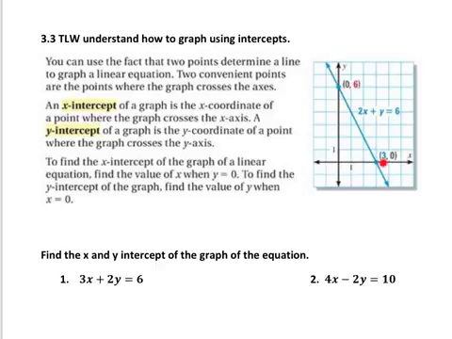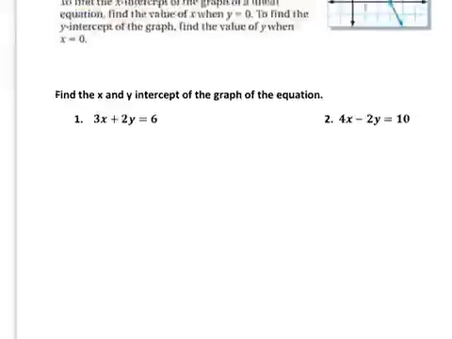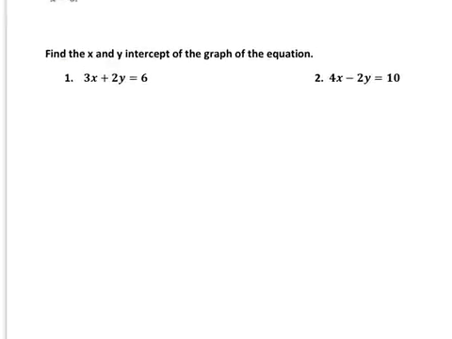Okay? See how you have 3, 0, 0, 6. So see how the x value is 0 to get the y-intercept, the y value is 0 to get the x-intercept. So here it says, find the x and the y-intercept of the graph of the equation. So plug 0 in for y, solve for x.